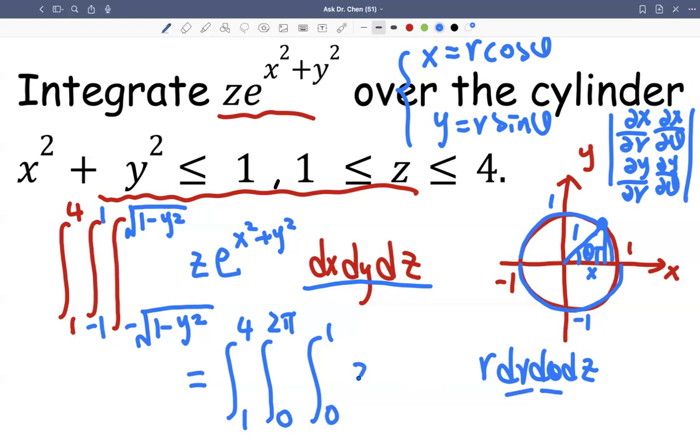And inside the integrand, z is still z, and now e raised to x squared plus y squared equals r squared, right? We have x squared equal to r squared cosine squared, y squared equal to r squared sine squared, and cosine squared plus sine squared is 1, so we get r squared. That's our integral.